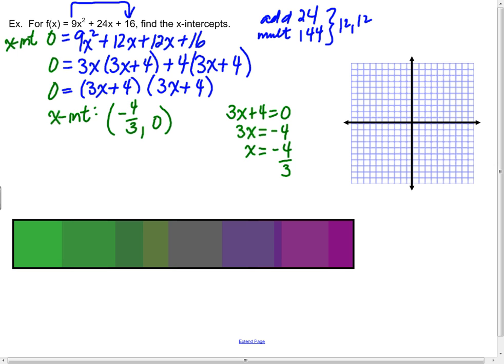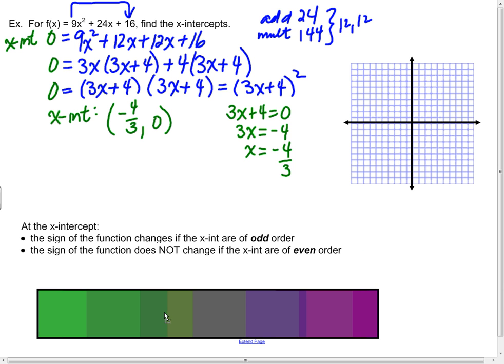I can rewrite my function, if you like, as 3x plus 4 squared. Recall from the last slide, at the x-intercept, which we know is minus 4/3, 0, the sign of the function changes if the x-intercepts are of odd order. The sign of the function does not change if the x-intercepts are of even order.